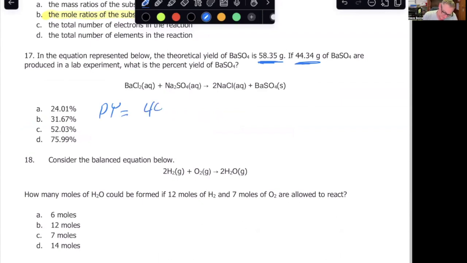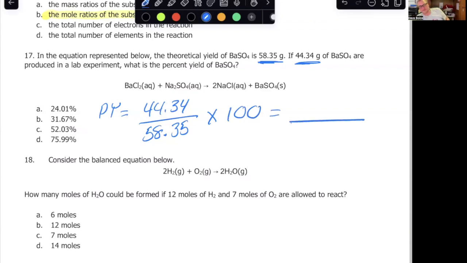So 44.34 divided by 58.35 times 100 equals your answer. So you just want to put that in the calculator, or of course you can just convert 44.34 to 0.4434 and not divide by 100. Either way works.